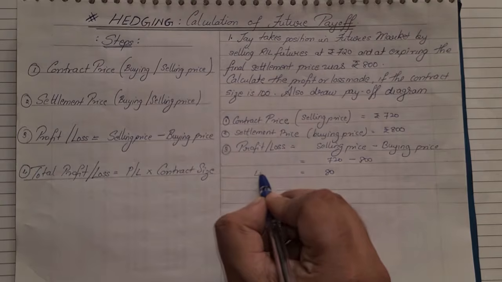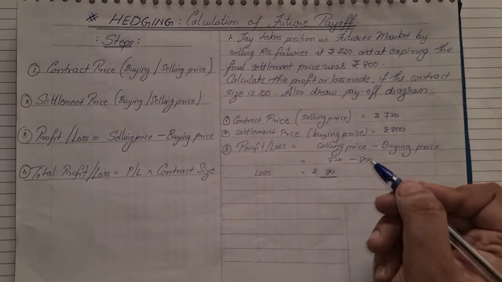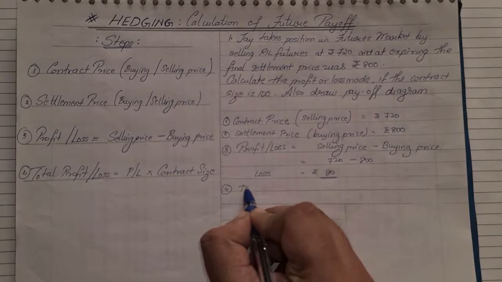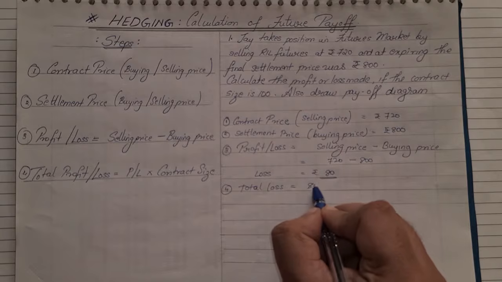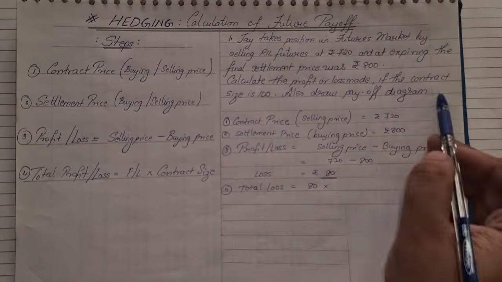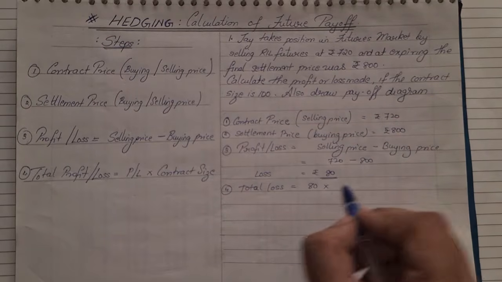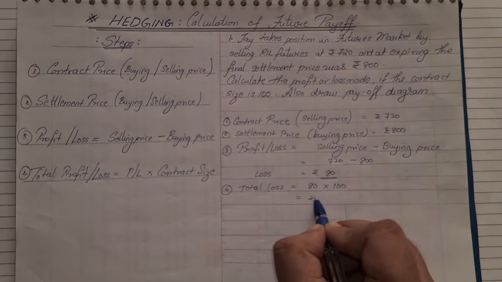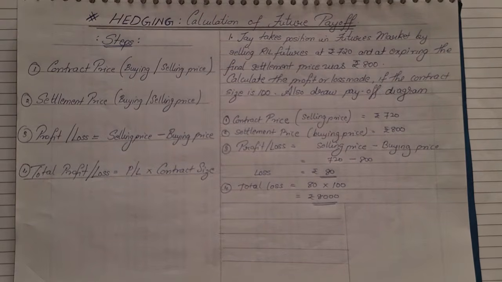So we have incurred a loss of rupees 80 on one contract. Now lastly we need to find the total loss, which will be loss per contract into the number of contracts. Here the contract size is given. They have taken only one contract, but that one contract size is of 100 units. So it will be 80 into 100, which is rupees 8,000. So our total loss in this particular sum was rupees 8,000.